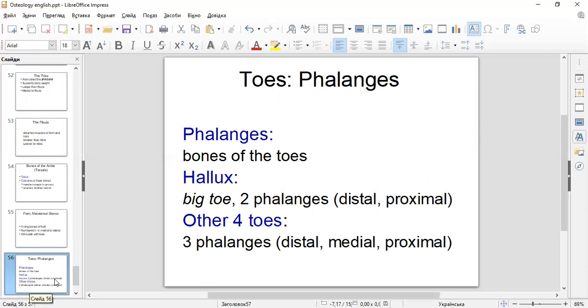Phalanges, bones of the toes. Hallux, big toe, consists of 2 phalanges, distal and proximal. Other toes consist of three phalanges: distal, middle, and proximal.